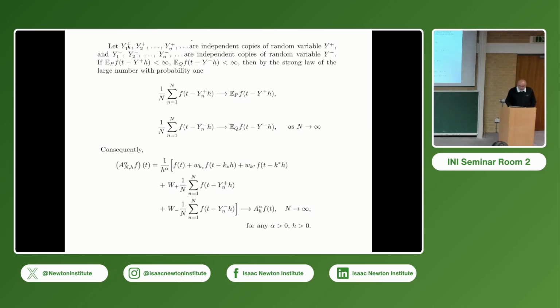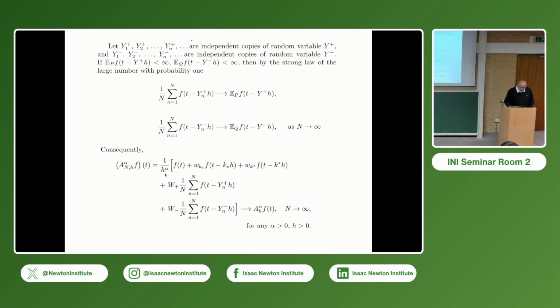We do the same. We introduce those copies, repeat everything, average, and after all we have the following result, that those trials converge to the Grunwald-Letnikov approximation of fractional differentiation.